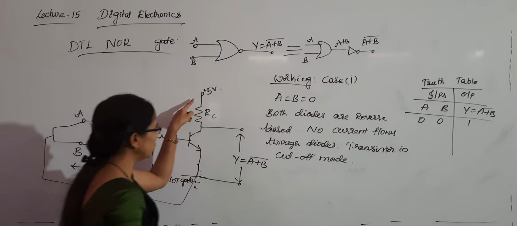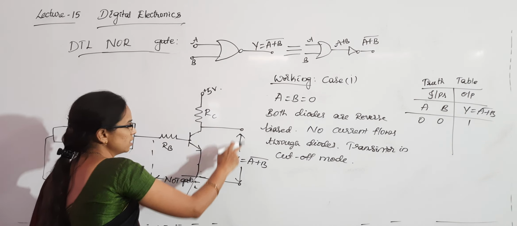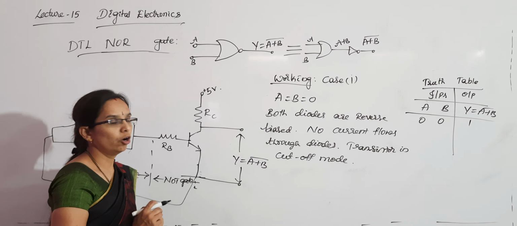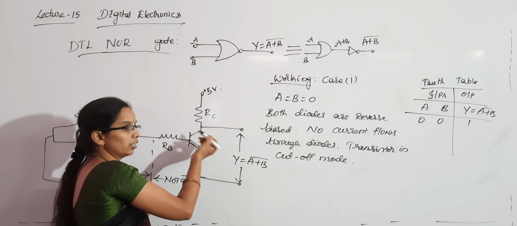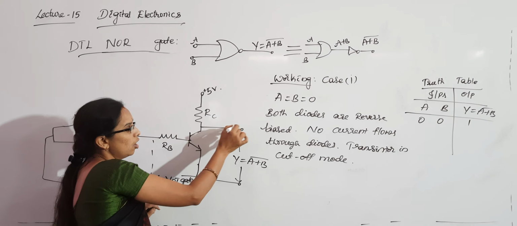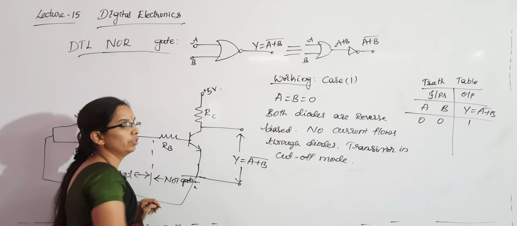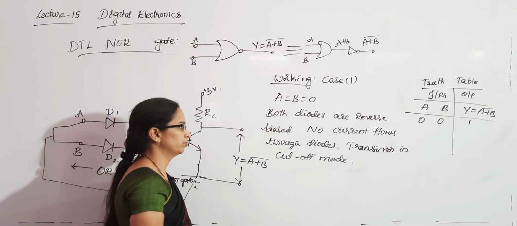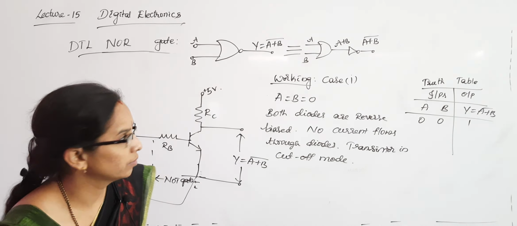Whatever the supply voltage is, that appears across the output. The transistor in cut off mode acts as an open switch, no current flows through it, and we can expect a high output. This is case 1.